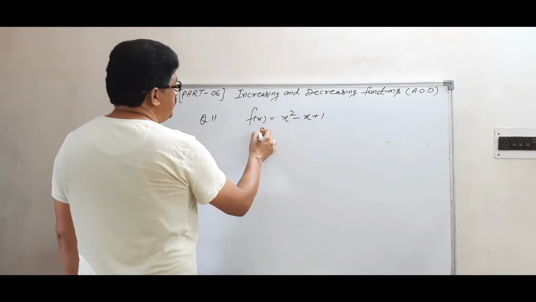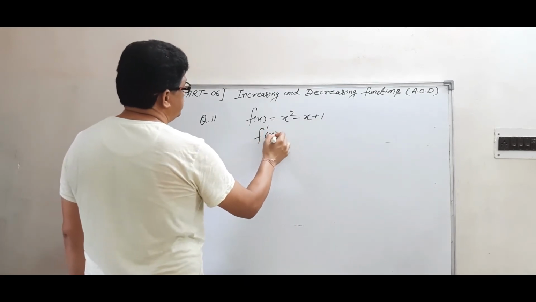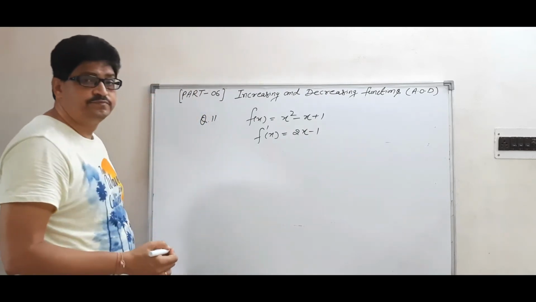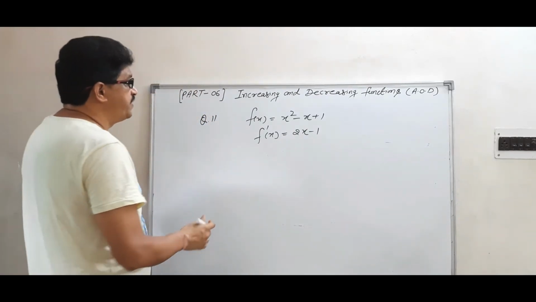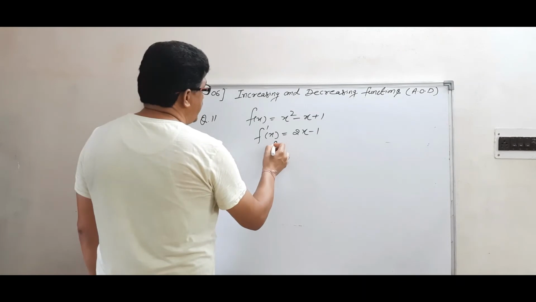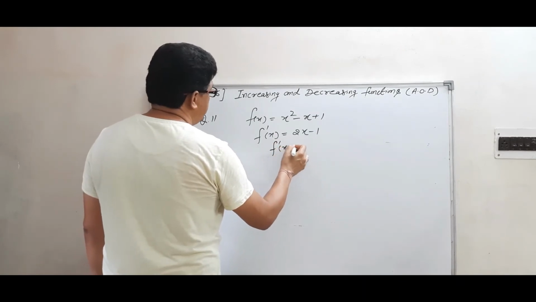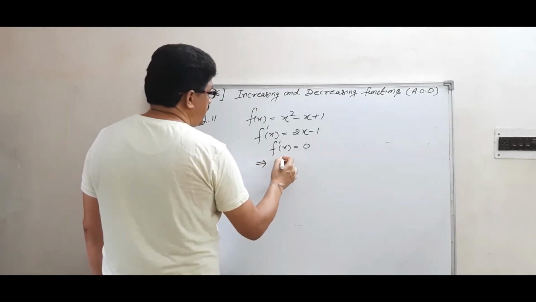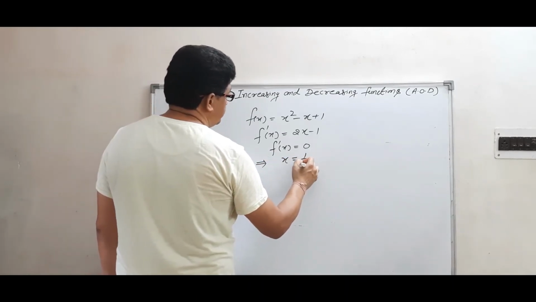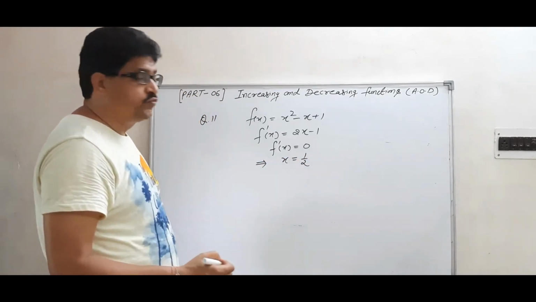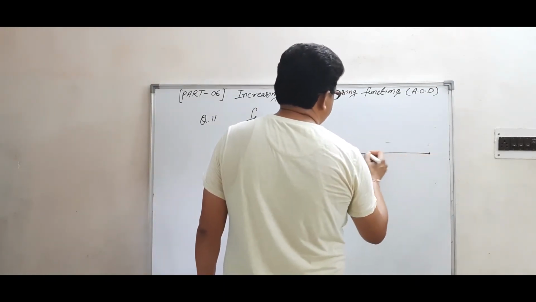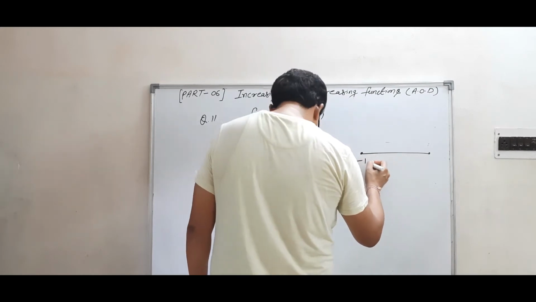So here we can find f dash x, 2x minus 1. f dash x is 2x minus 1. f dash x is equal to 0. This implies x is equal to half. So we have the interval minus 1 to 1.